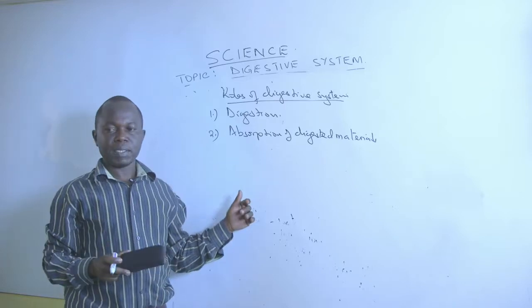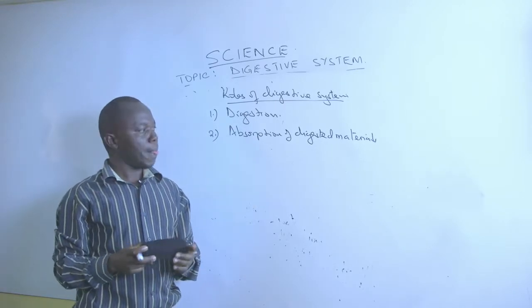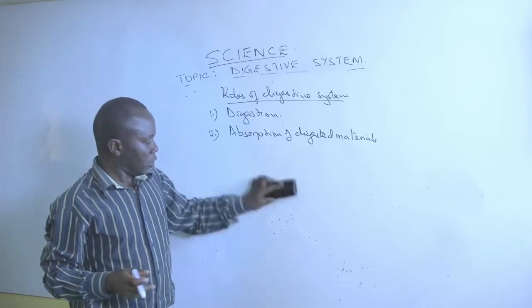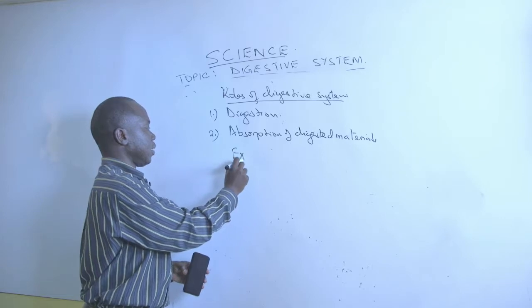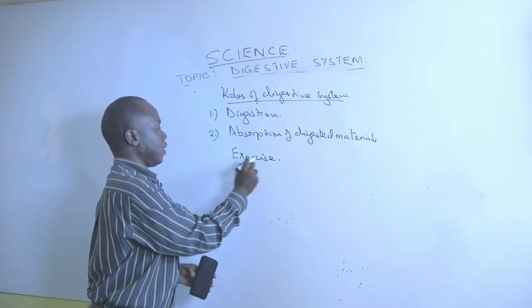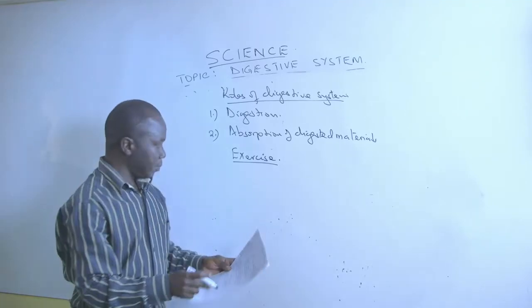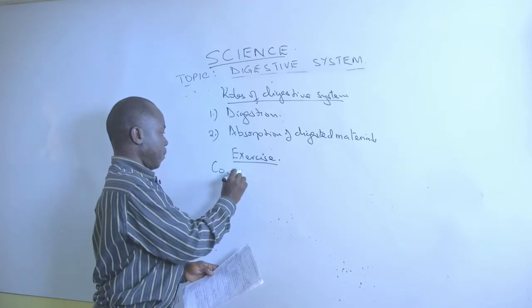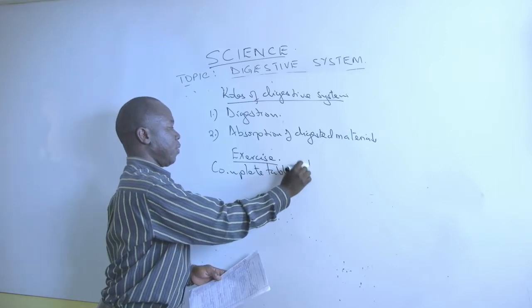So this summarizes everything: digestion and absorption of digested food materials. So as we complete, you can just look at this exercise. Complete the table below.